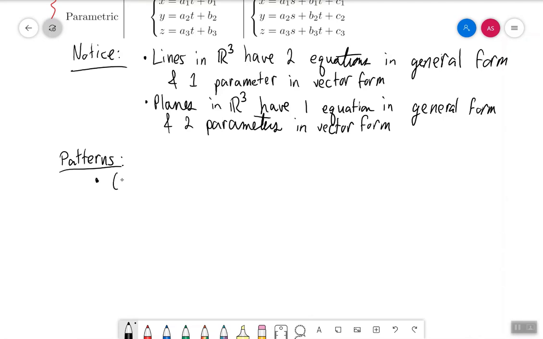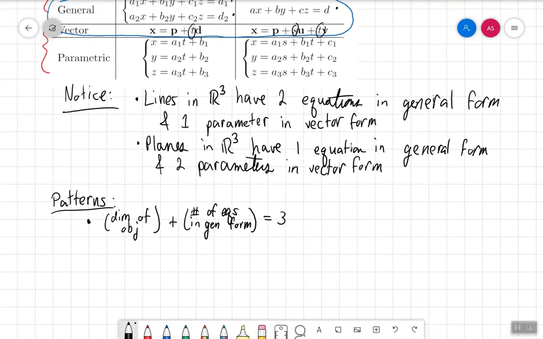First is that the dimension of the object plus the number of equations in general form is equal to 3. So let's see, is that true?